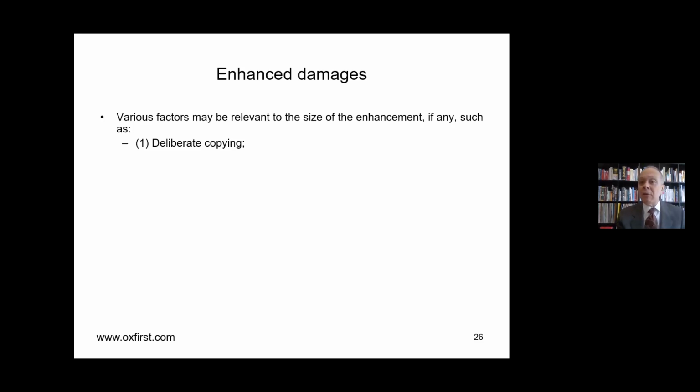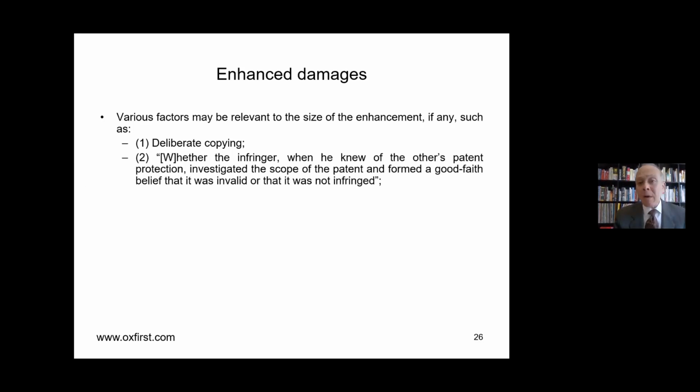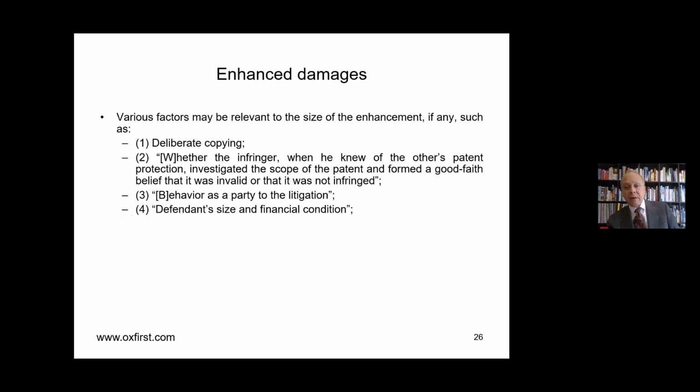So among the factors that would be taken into account would be the following: deliberate copying by the defendant, whether the infringer, when he knew of the other's patent protection, investigated the scope of the patent and formed a good faith belief that it was invalid or not infringed, the behavior of the defendant as a party to the litigation, the defendant's size and financial condition. We often see that being a relevant factor in punitive damages case law.